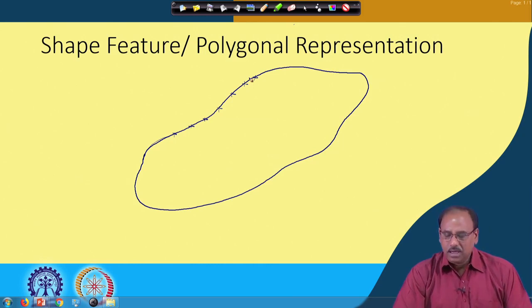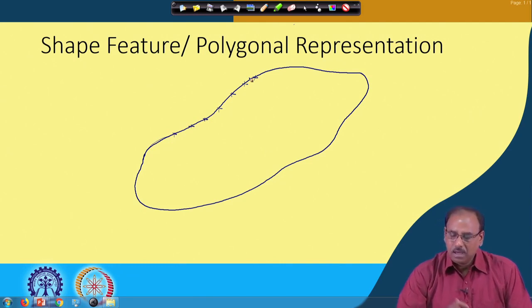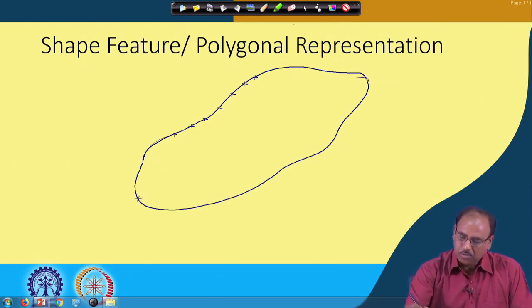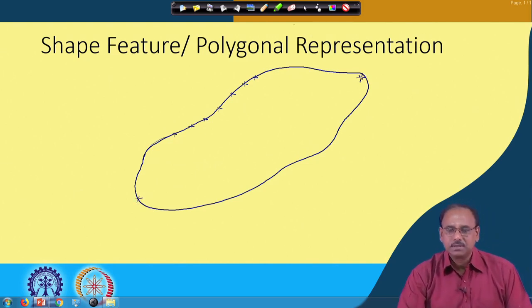One of the ways in which such an arbitrary boundary can be represented is in the form of a polygon. The way we can represent an arbitrary shaped boundary in the form of a polygon is that we can recursively subdivide that arbitrary shape into a number of segments. The way we can do this is, suppose I take 2 points on this boundary which are at maximum distance.